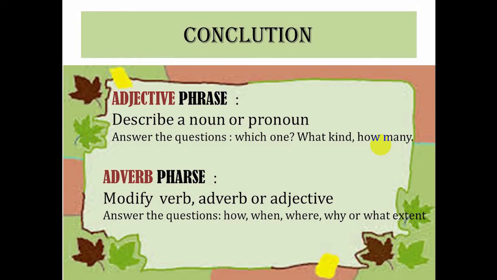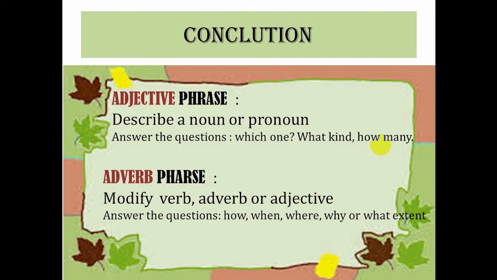After studying the differentiation between adjective phrase and adverb phrase, now we make the conclusion. Adjective phrase describes a noun or pronoun. Biasanya adjective phrase itu menjelaskan kata benda atau kata ganti. Answer the question.